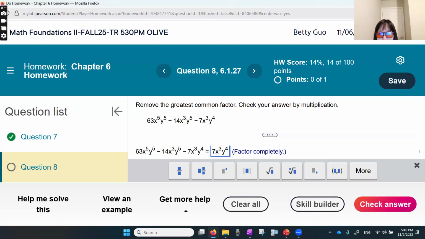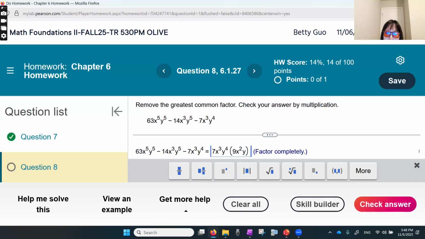We already covered those, right? Okay, inside the parentheses, the first term, we have 7 out, so we have 9 left. We have x cubed out, so we have x squared left. We have a y fourth out, so we have a 1y left because this is the 5th power, right? 5 minus 4 is 1.